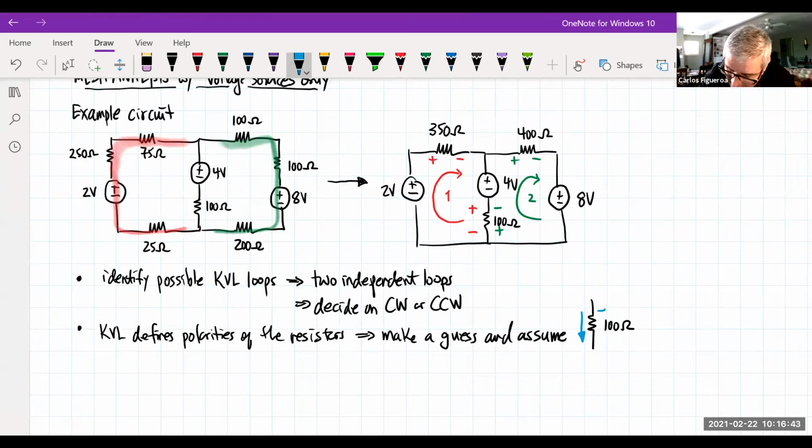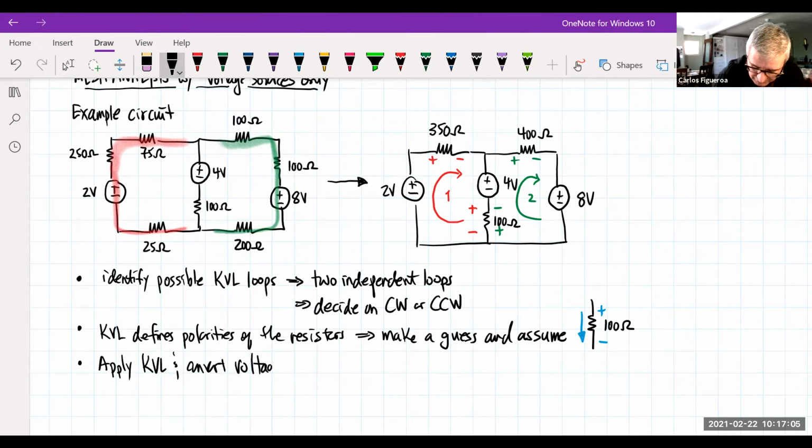So I'm going to say that the polarity of the 100 is like this. So here we go. Now I'm going to apply KVL and convert voltages into loop currents.